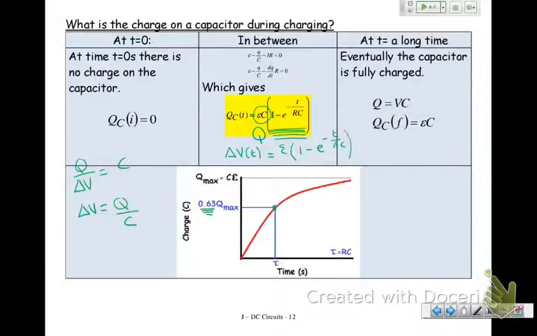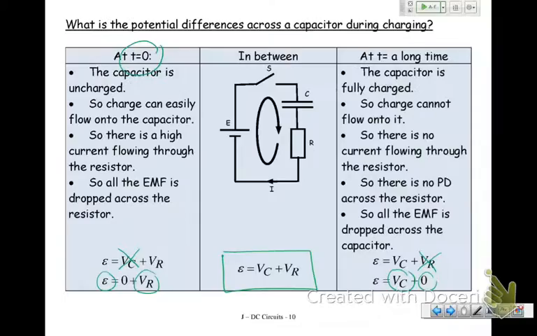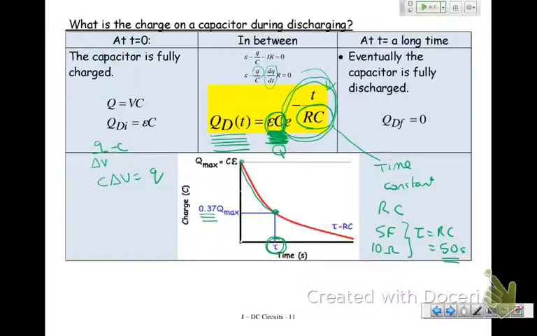I've got a little alarm bell going off in my head, so let me just check this. Q over delta V equals C, delta V equals... No, it's right. So learn these equations for charging and discharging, but be able to get your voltage by just dividing by C. So know conceptually and be able to apply one or other of these equations.